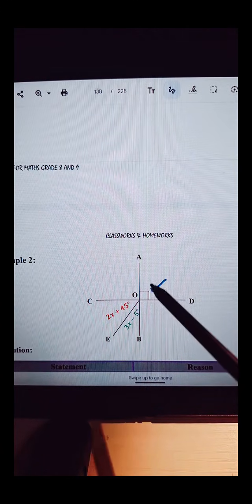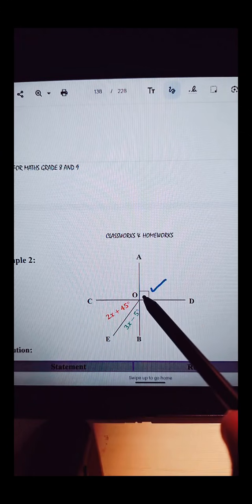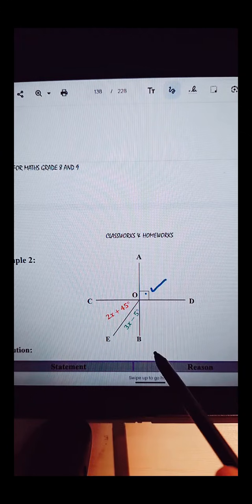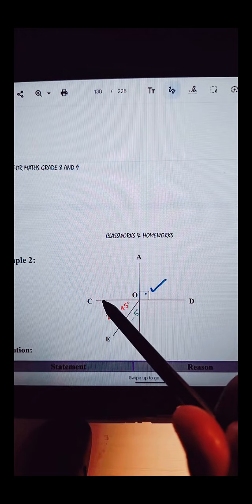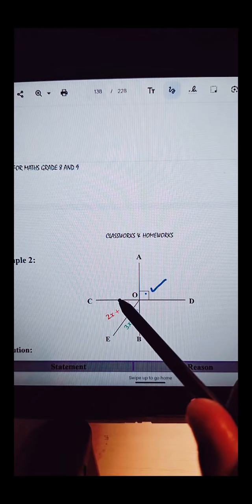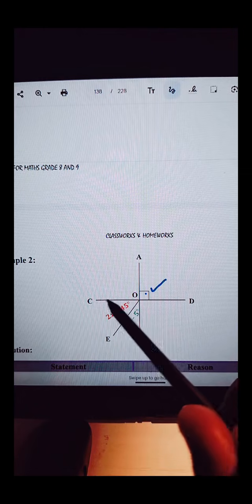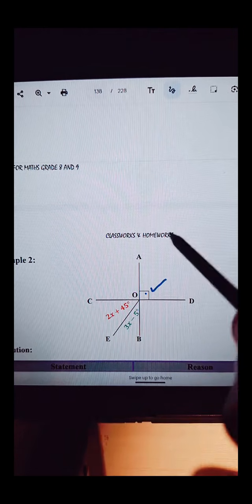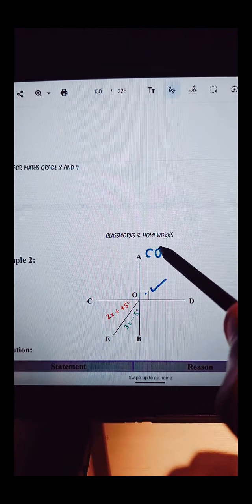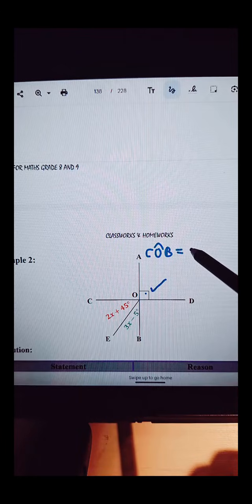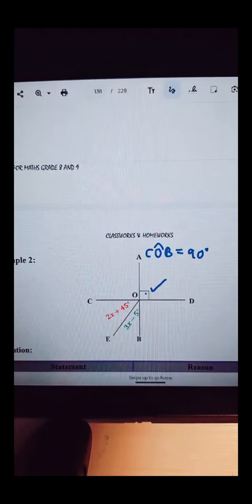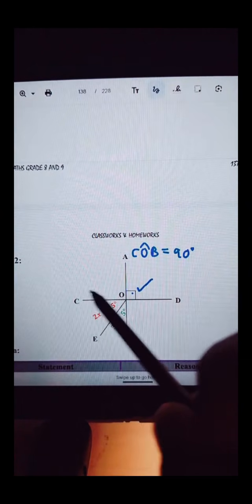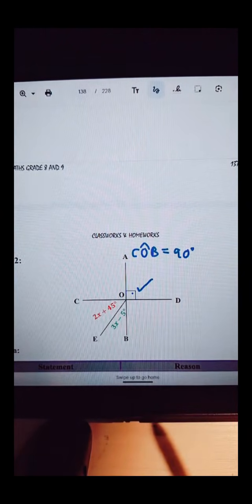What do you notice about this 90? This 90 is vertically opposite to angle COB. So we can say that angle COB is actually equal to 90 degrees.